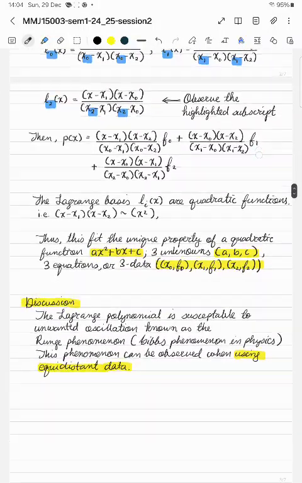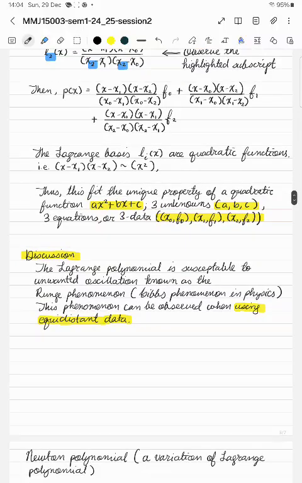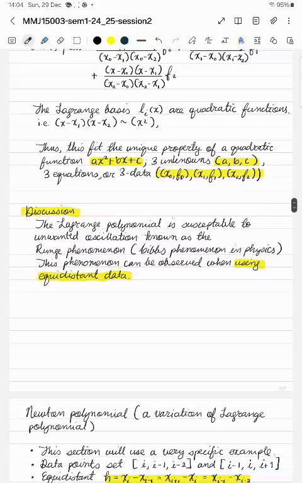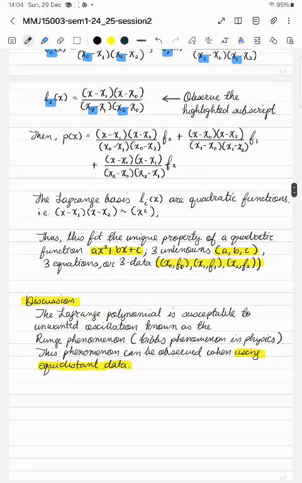Now, if you look at it from terms of ax squared plus bx plus c, you have 3 unknowns, a, b, c, and you have 3 data points. Okay, 3 unknowns, 3 equations, so you can solve for a, b, and c. Now, let's have a little bit of discussion about the Lagrange polynomial.